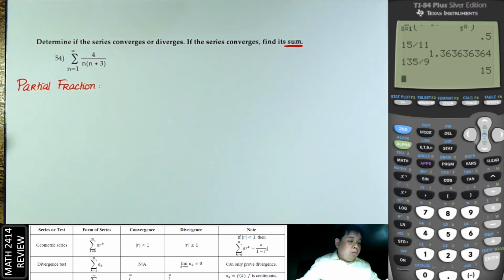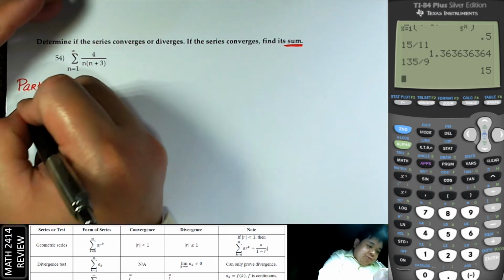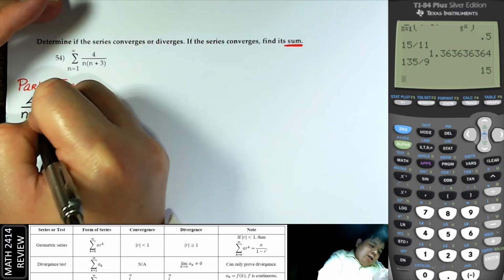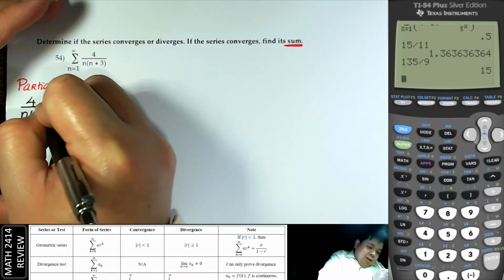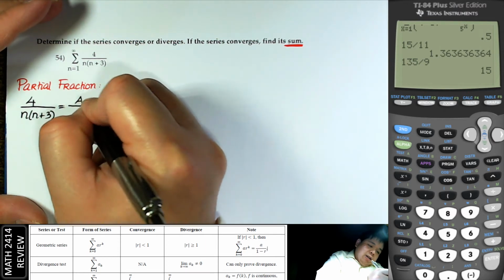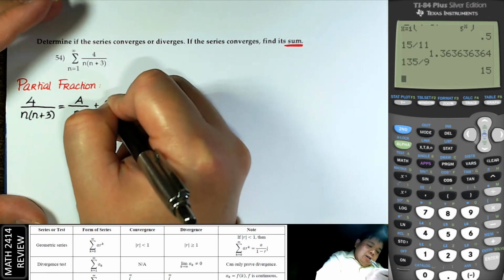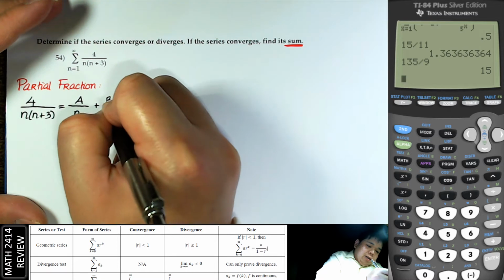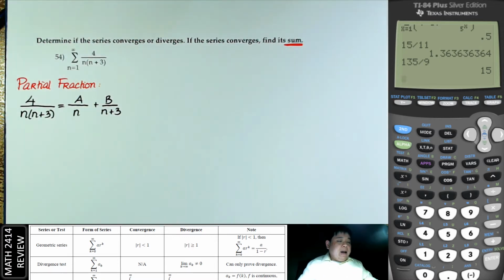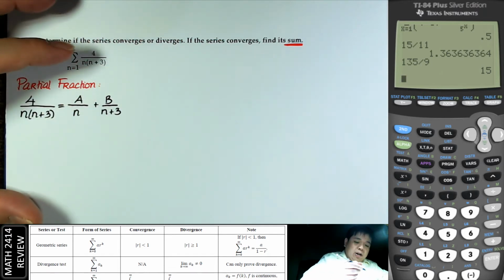This is a long problem, so try to write very small. So we start with this. And we split that. And now multiply by n times n plus 3 on both sides.